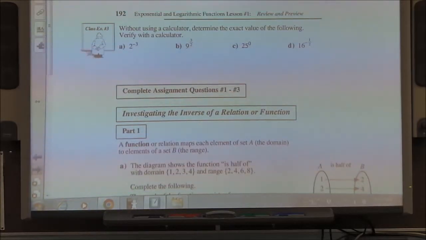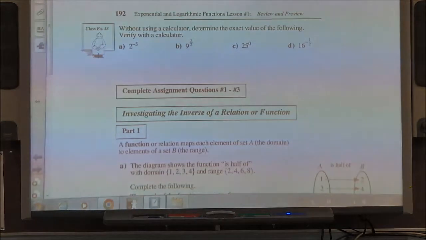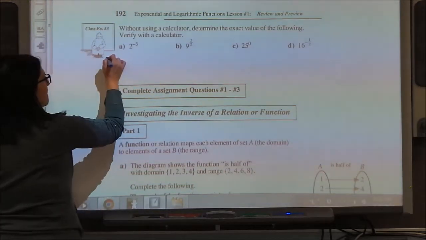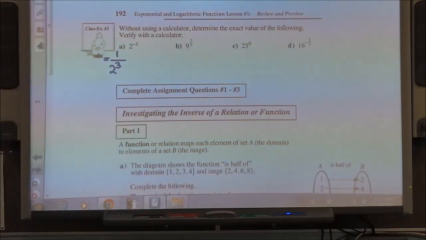Without using a calculator, determine the exact value of the following. So if you have negative exponents, make them positive. So how do I make this -3 positive? Okay. And what is 2 cubed? 8.